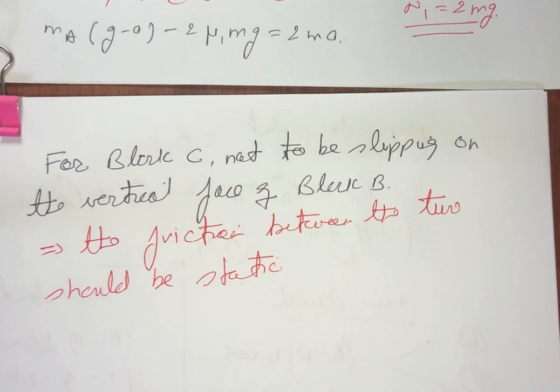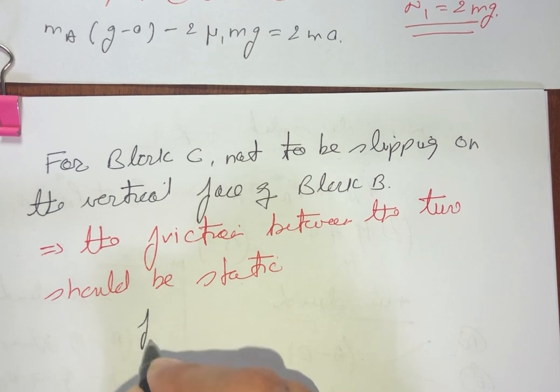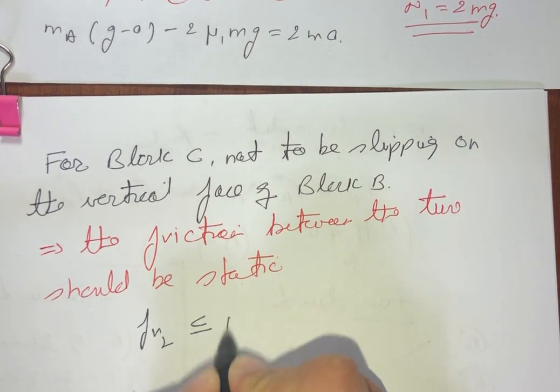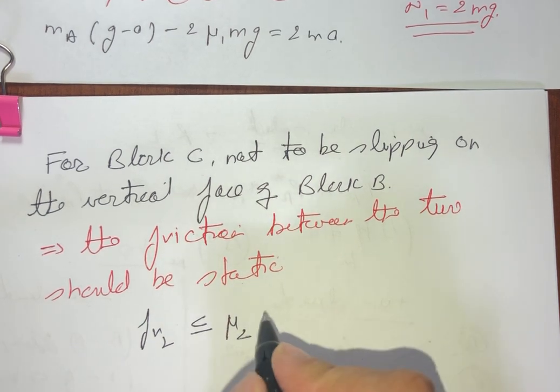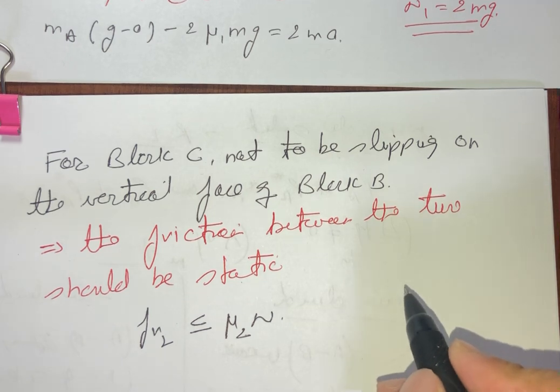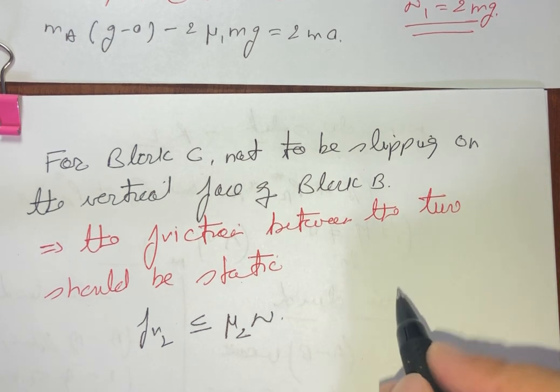Which basically means that FR2 should be less than or equal to mu2 times the normal N. Okay, so let me draw the figure for block C.